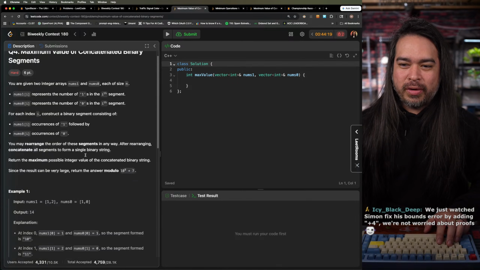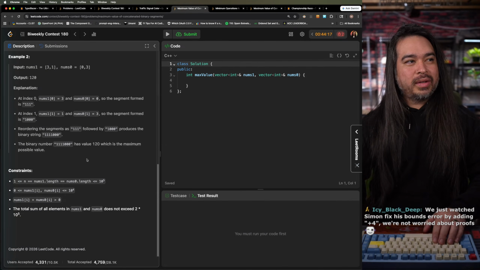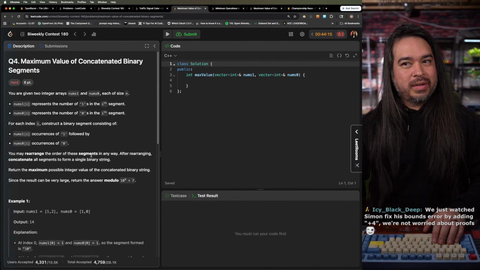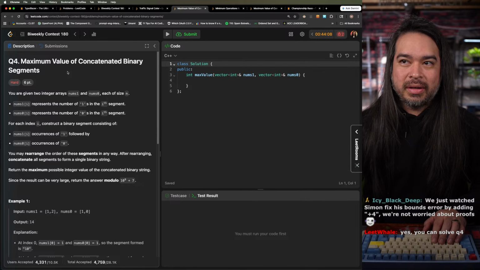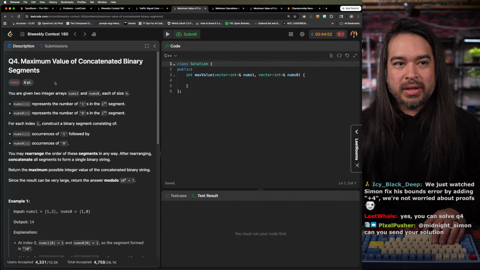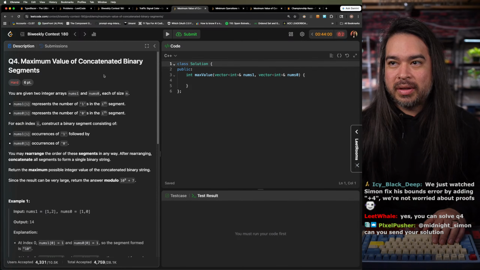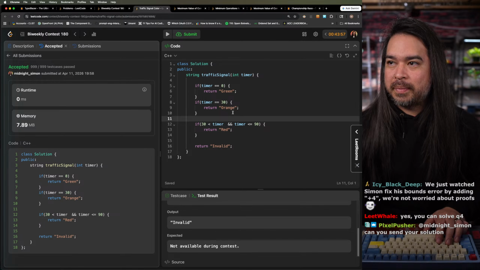Should I try Q4? Yeah, look how many people got it right. I have a chance. Maximum value of concatenated binary segments. You're given 2 integer arrays, nums1 and num0. Wait, send my solution? Hold up.